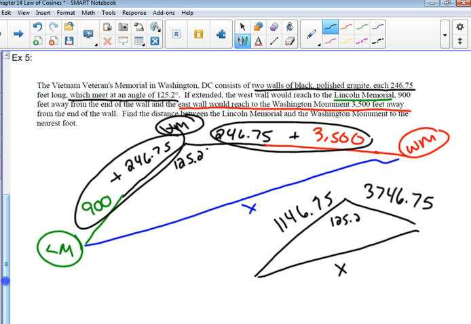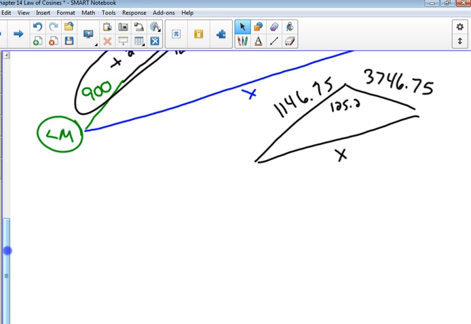How do we do with the two sides now? Why don't you guys take a second? This one's not bad. We're almost done.